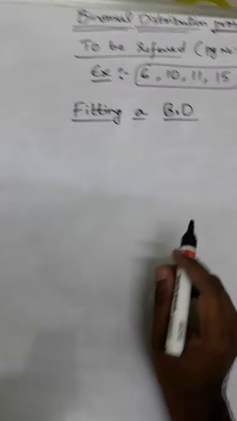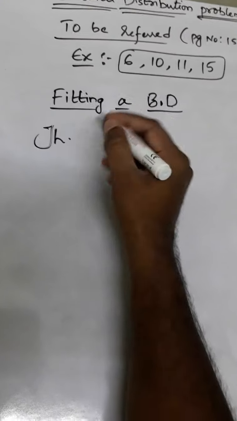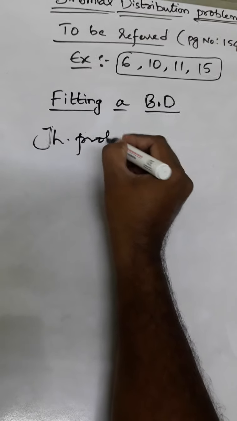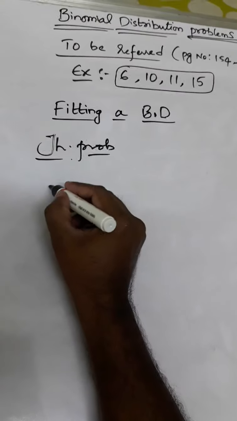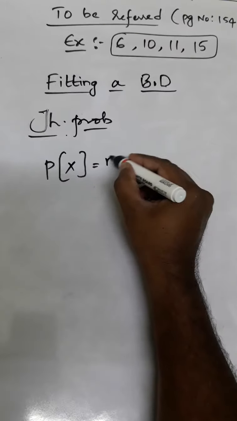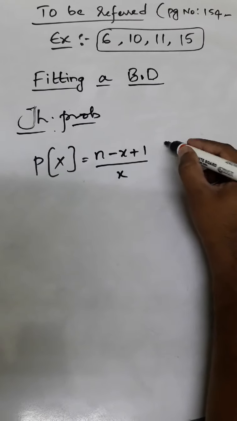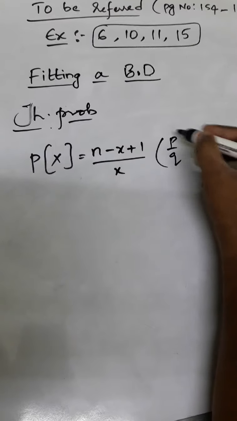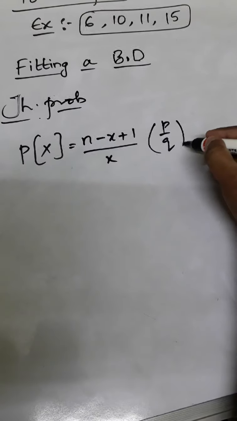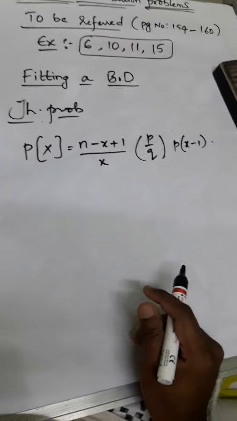Carefully note down, children. Fitting of binomial distribution. For theoretical probabilities, this is the formula: P of x equals n minus x plus 1 by x into p by q into P of x minus 1.